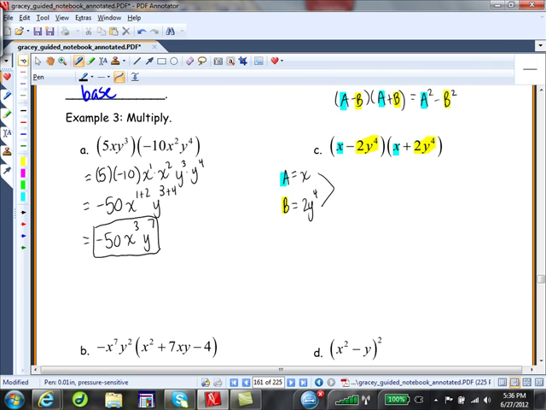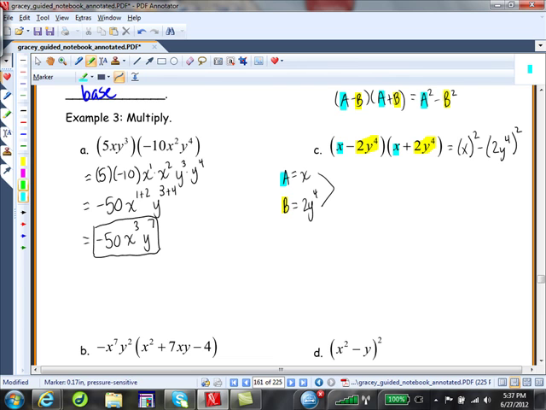So this will be equal to x squared minus 2y to the 4th squared.